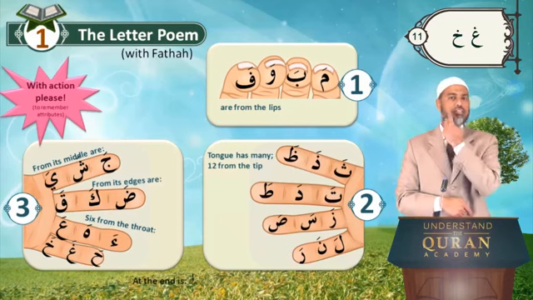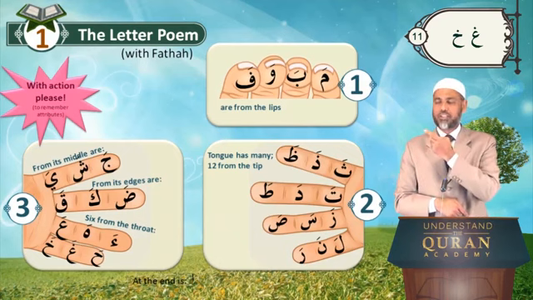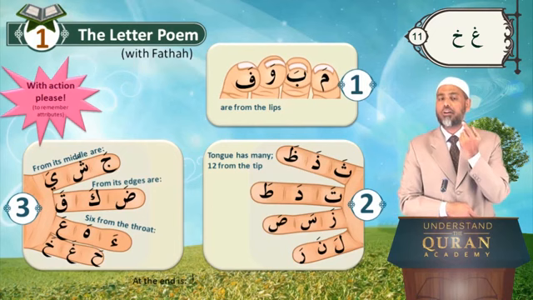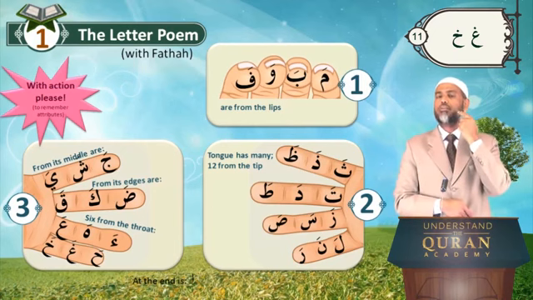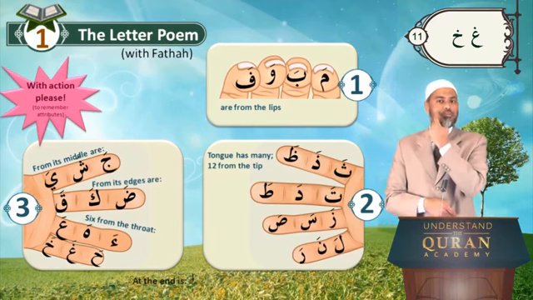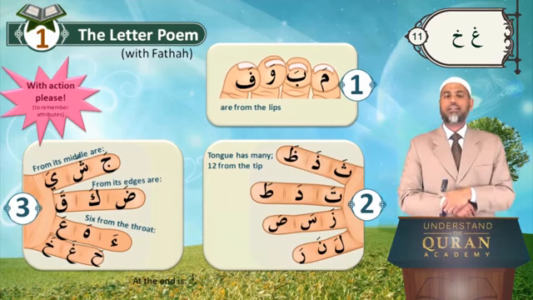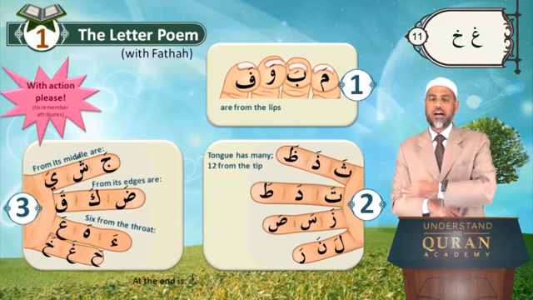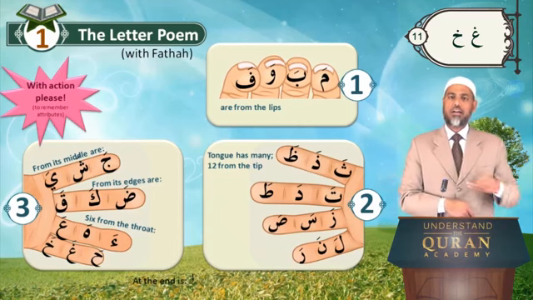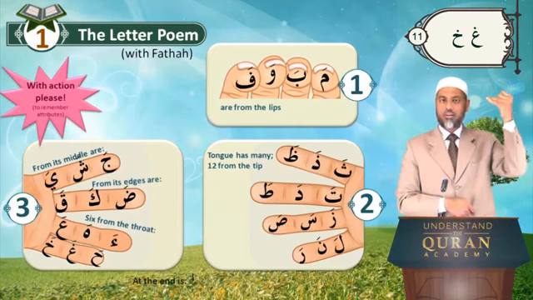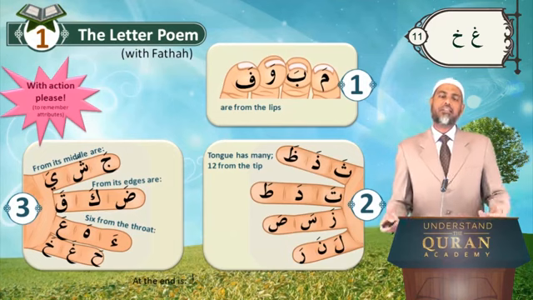From its edges are, I'm showing the right side because da is from the right. For me, in my case, you can if you want. If you have a better control from the left side, use the left. So, from its edges are da, ka, qa. 6 from the throat, a, ha, a, ha, gha, kha. Okay, at the end is alif.